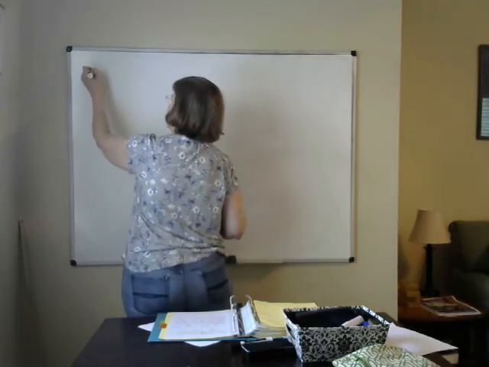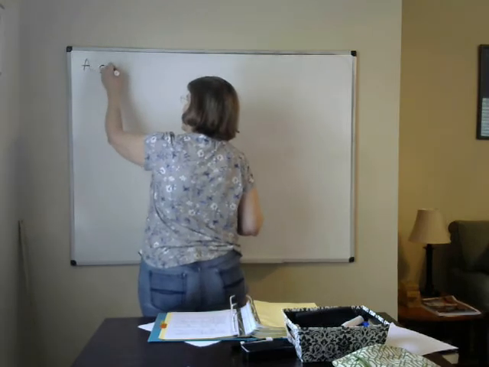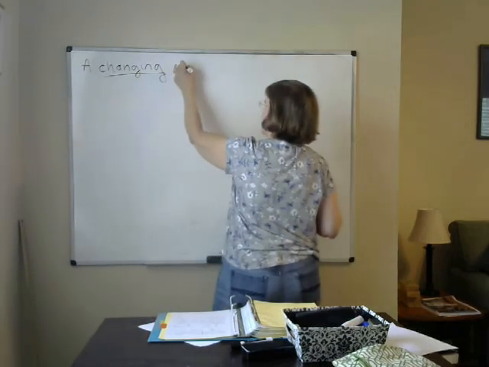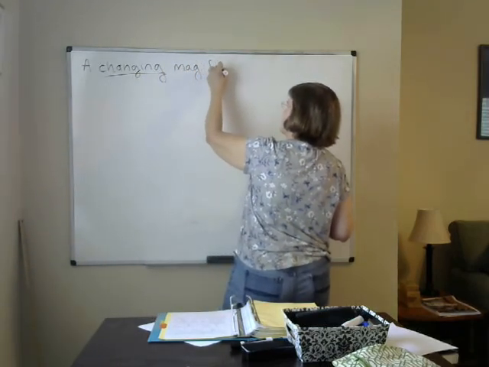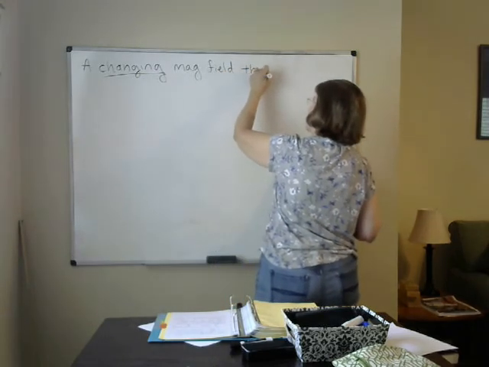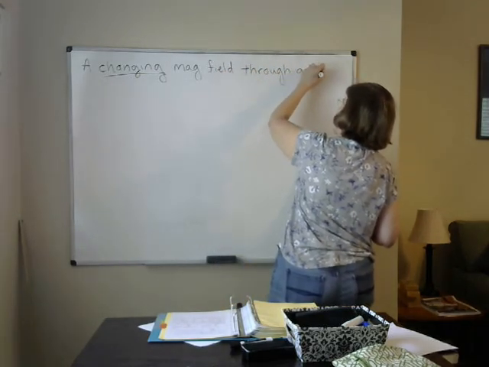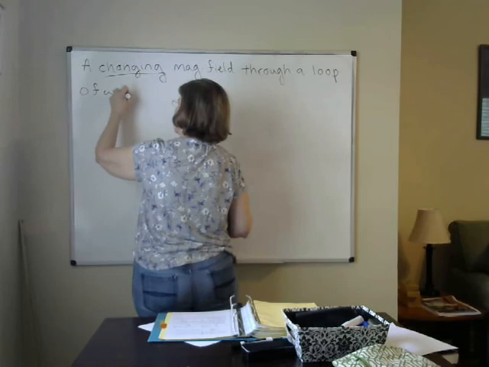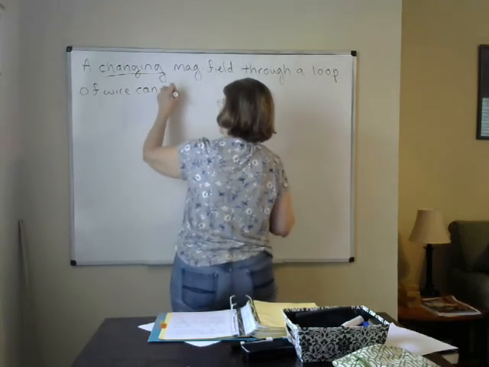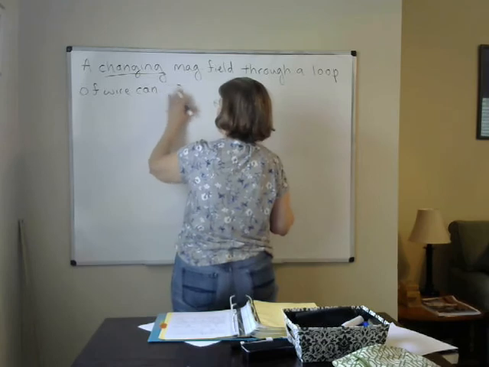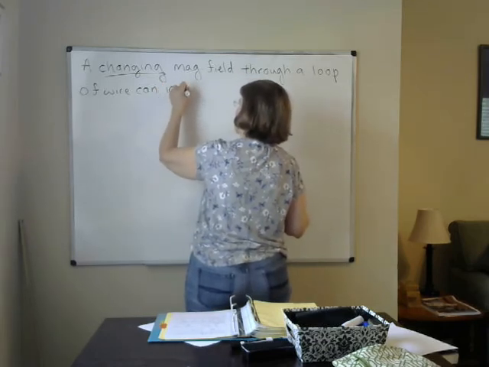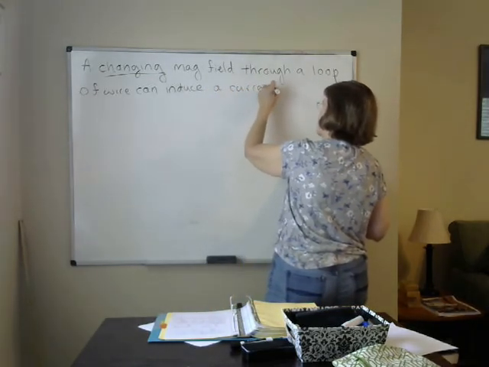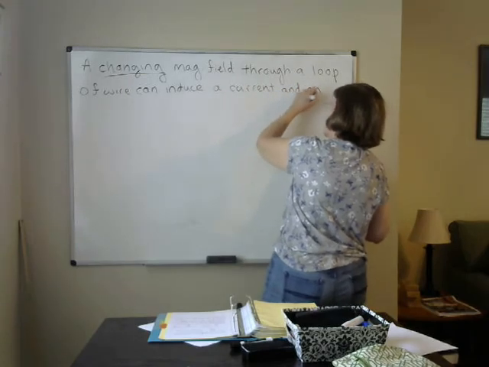One method: a changing magnetic field, and that changing part is really important, through a loop of wire can generate, well, let's not say generate, let's say induce a current and an EMF.